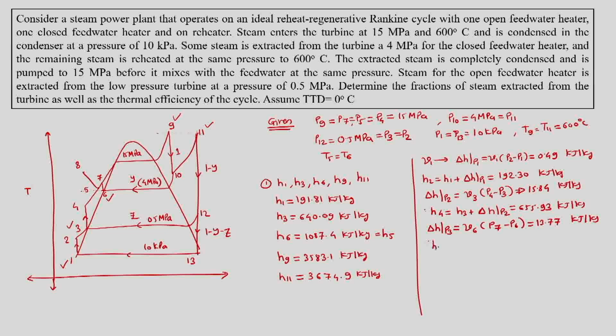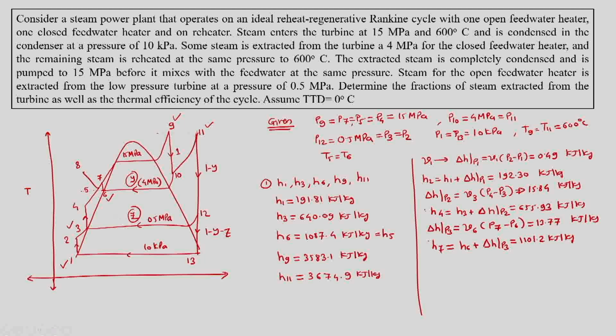Knowing this, we can find out H7, which is H6 plus delta HP3, and so we get H7 as 1101.2 kilojoule per kg. Now knowing all this, we can find out Y and Z.